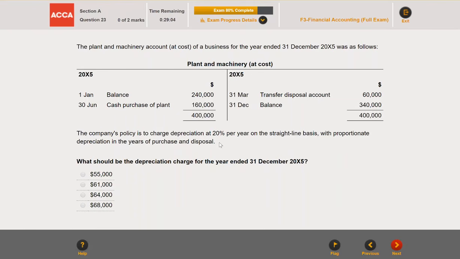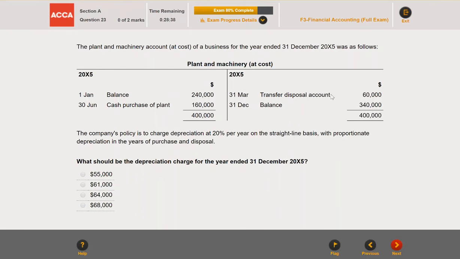The first method is to take 240,000 and charge depreciation for the whole year, and then take 60,000 and charge depreciation only for the period of use, and then minus, take 60,000 and minus depreciation of this for the period of non-use. It means from the date when the asset was sold.